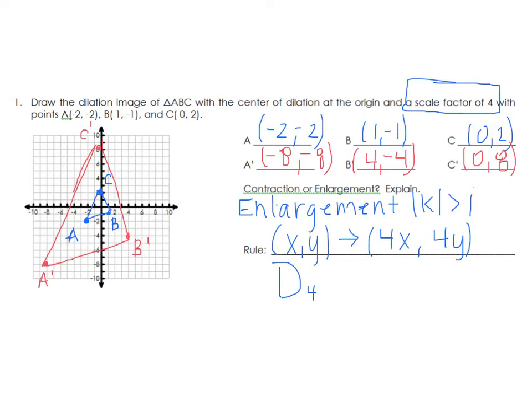What you'll notice about it is clearly triangle ABC and A prime, B prime, C prime are not congruent, but they are similar, which means angle A and angle A prime are congruent, B and B prime are congruent, C and C prime are congruent. So the triangles are the same shape, obviously, but they are different sizes.